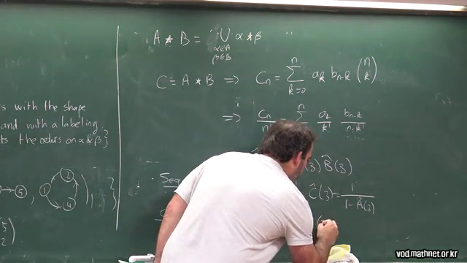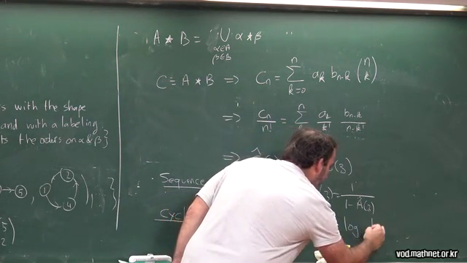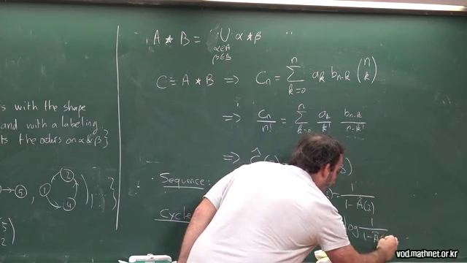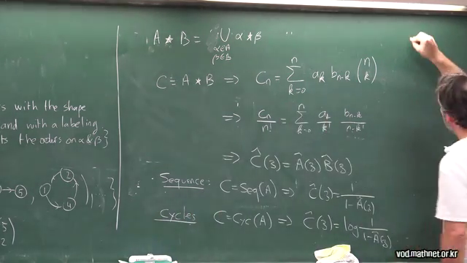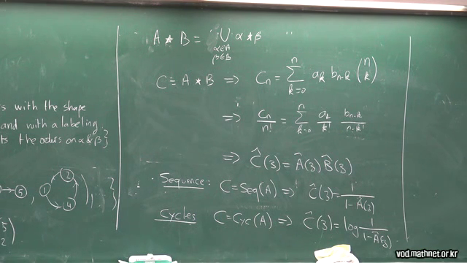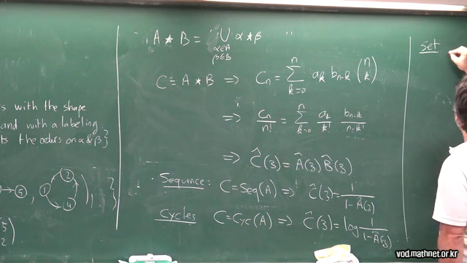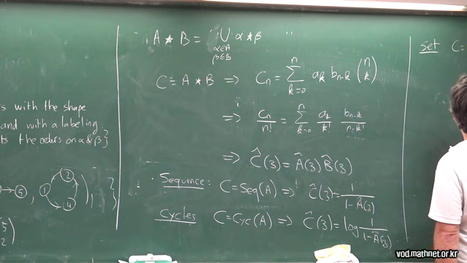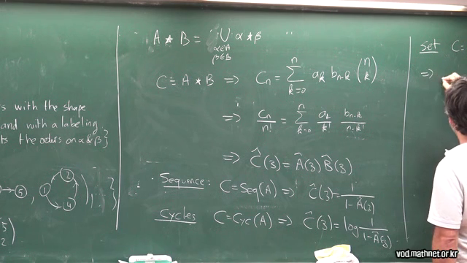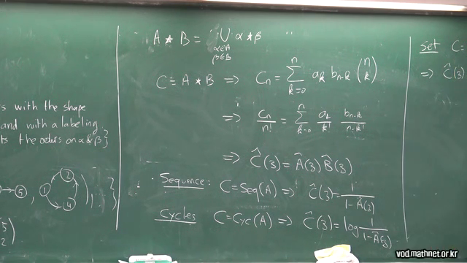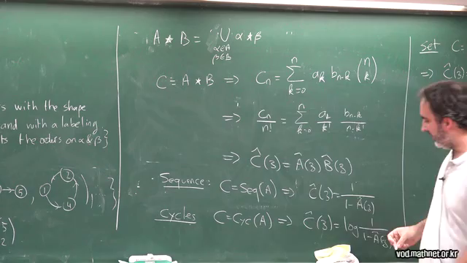Then C equals the logarithm of 1 over 1 minus A. And if you take a set of elements, then the exponential generating series of C is just the exponential of A of Z. Okay, so you take a set of something, a sequence of something, a union, and so on. You directly get the series.